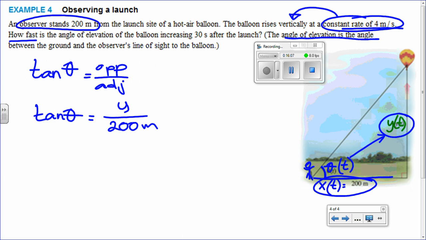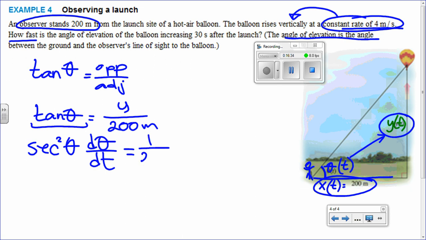Okay, now we're going to take the derivative here, and we all know the derivative of tangent is going to be secant squared of theta. And we are deriving theta with respect to time, so we need the notation d theta over dt. Now for the right side, what I'm going to say is 1 over 200. So this quantity here, let me change it first. So y over 200 meters is the same as 1 over 200 times y and then meters.